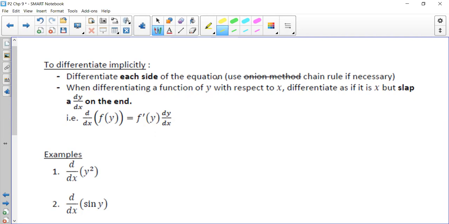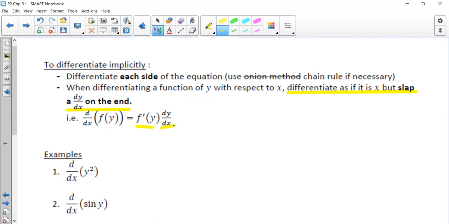When differentiating a function of y with respect to x, we differentiate as if it is x, but we slap on a dy by dx. Slap, yes, I was probably quite angry when I made the notes. Maybe I was hungry back then, hangry. Slap on a dy by dx, or we just multiply in a short way. For example, if we want to differentiate a function of y, I will do the derivative of y normally, but at the end you can see there's a multiplication by dy by dx.